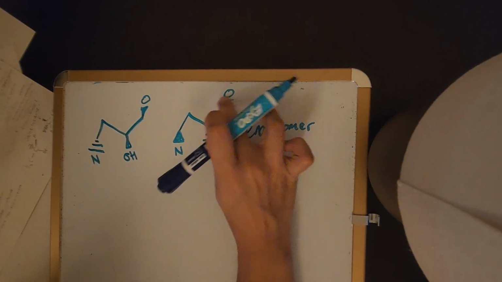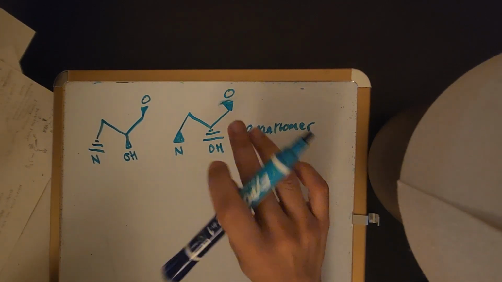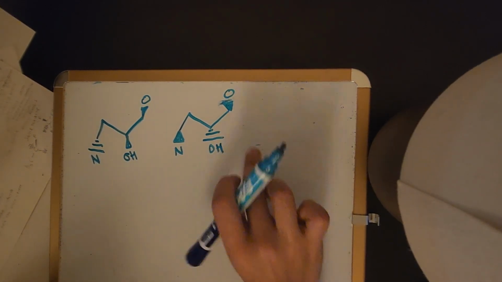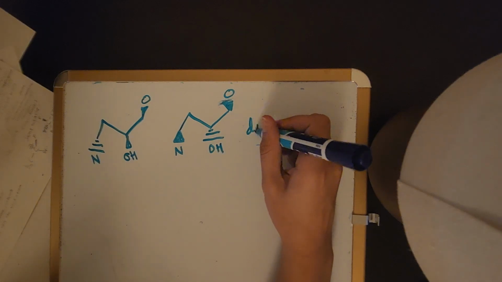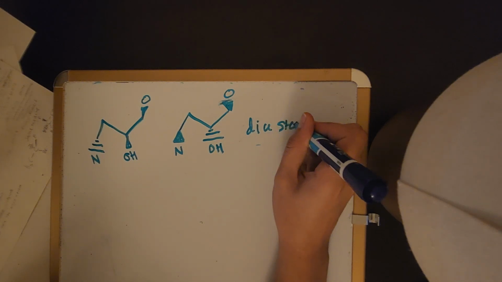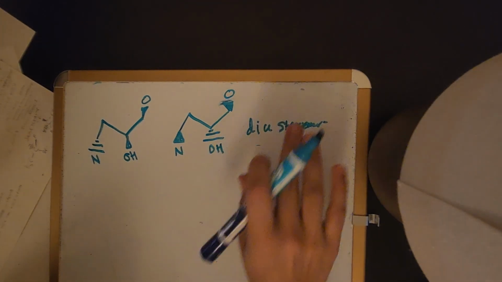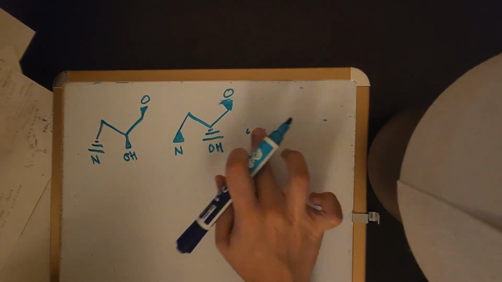Now if this was kept the same and everything else was mirrored, you don't have an enantiomer, you have a whatever it's called, I'm finding it. Diastereomer. Okay, you know what I mean.